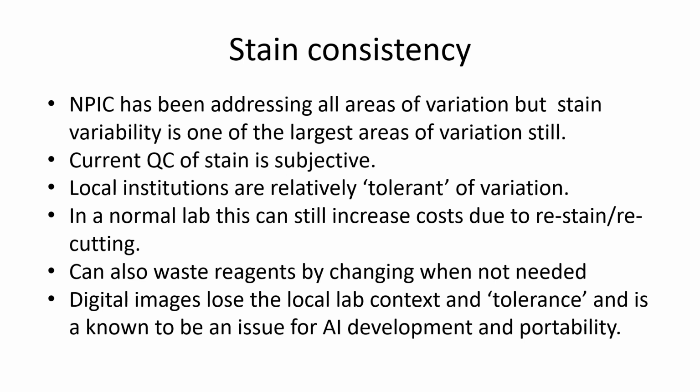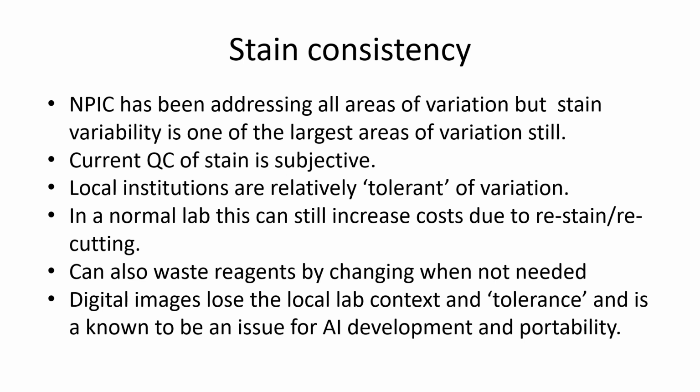People know what is normal for Friday, what is normal for a busy day, what is out of normal, and they can calibrate and adjust for those processes. It can still result in under or overstained slides. It can still result in restaining, recutting, and it can also result in wasted reagents by, for instance, changing when not needed, or actually leaving in too long, which again results in diluted reagents and therefore restaining.